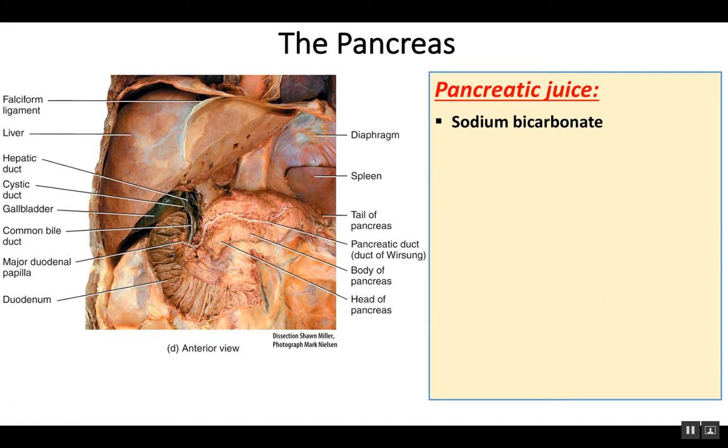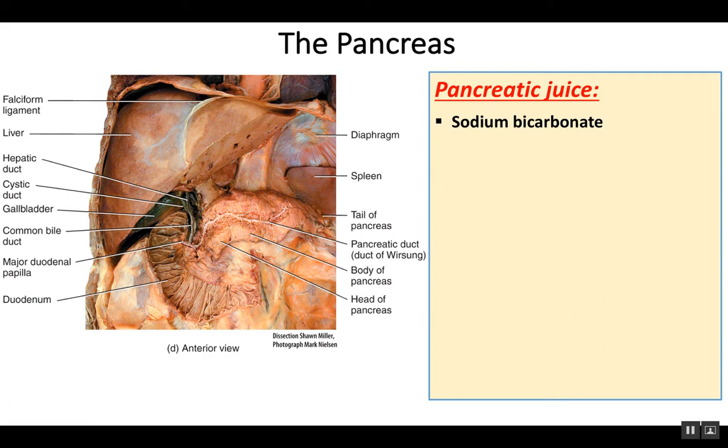But we're going to talk about what the majority of the pancreas tissue is doing, which is producing digestive enzymes and bicarbonate.